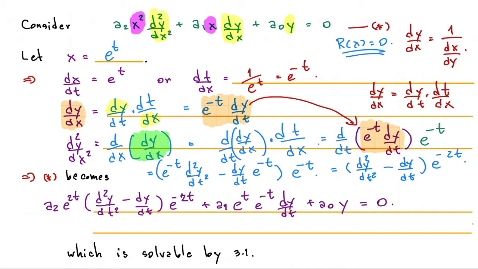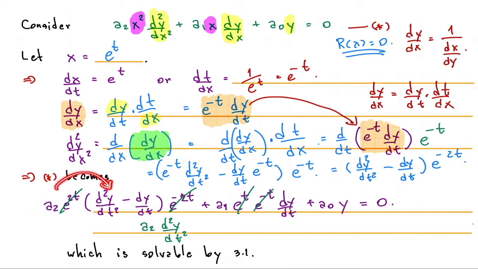and guys, as you can see, this got cancelled out. Okay, so what you have is, what is it? It would become a2 d2y by dt2, right? This term.